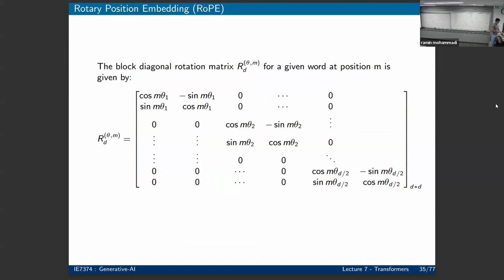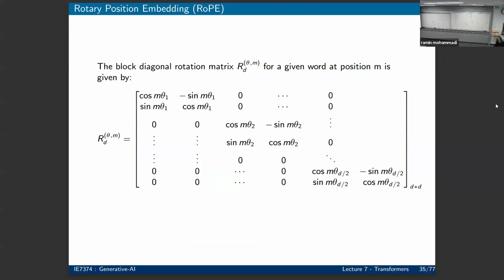If you look across this D by 1, it becomes D over 2 pairs, right? Every pair will be multiplied by this matrix, correct?